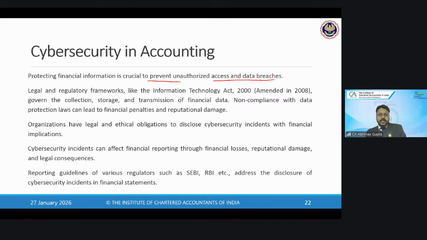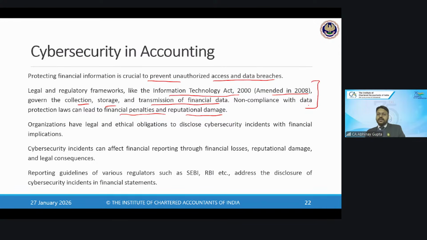There is the Information Technology Act 2000, which was duly amended in 2008, which governs the collection, storage, and transmission of financial data, and non-compliance with these data protection laws can lead to heavy financial penalties as well as reputational damage for the organization, right?